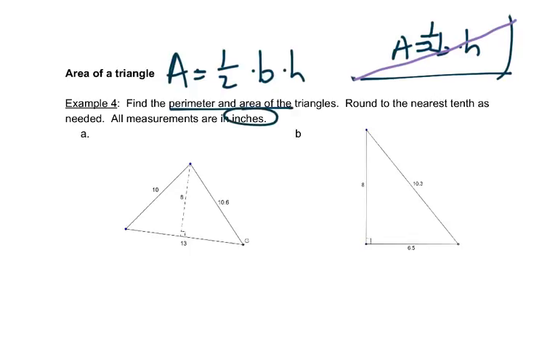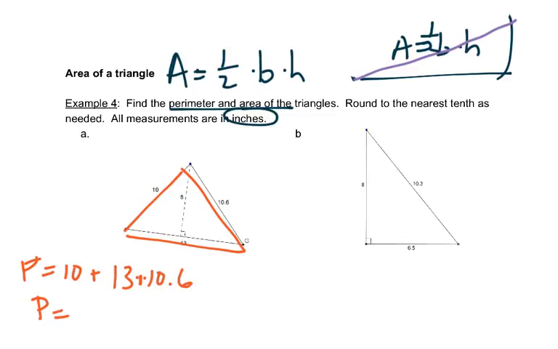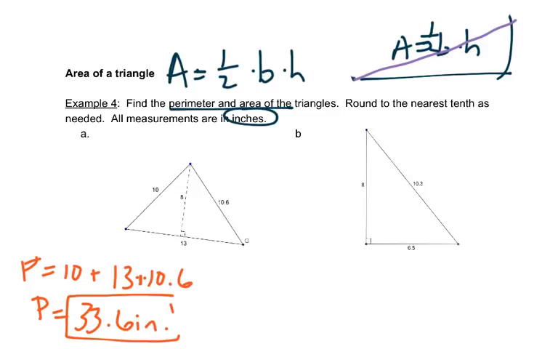We have inches. So the perimeter is the outside edges again. So here perimeter is 10 plus 13 plus 10.6, or 33.6 inches.